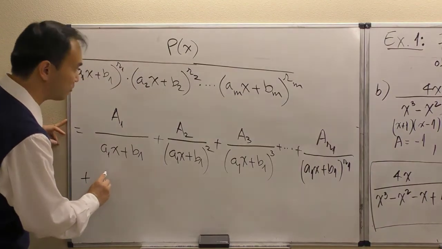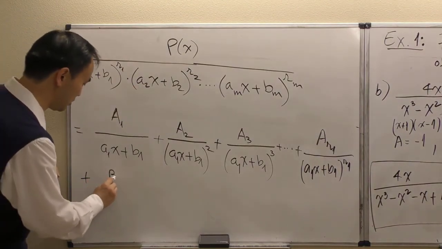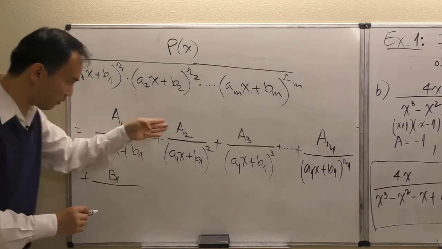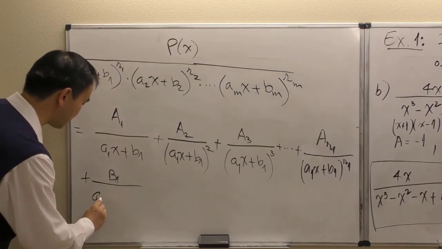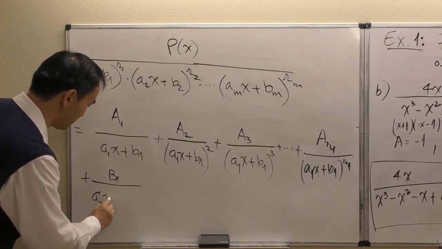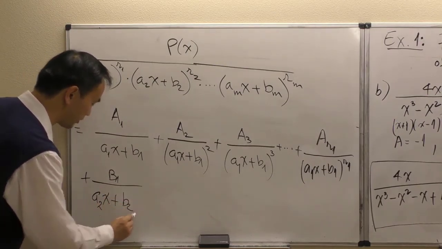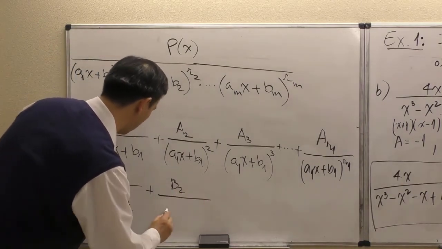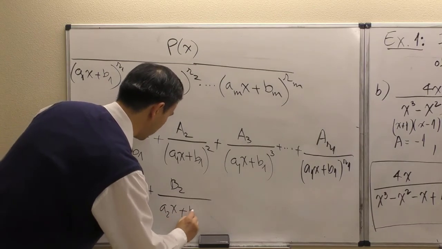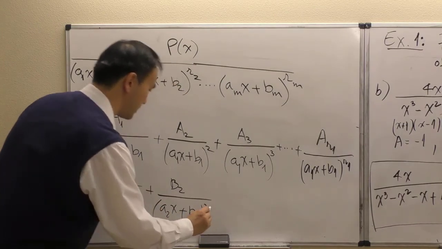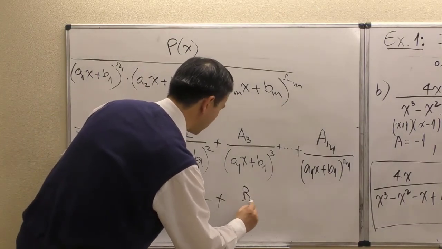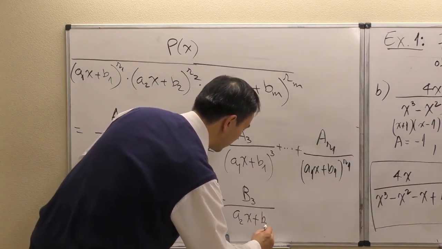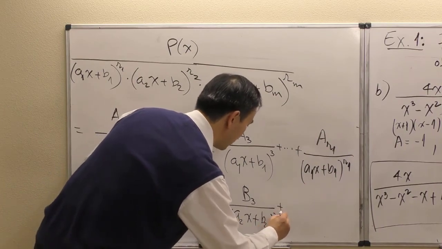Then we're moving on to the next distinct one. So B1 over a2x plus b2, and it has to be a different class of coefficients, but they're all coefficients here. Plus B2 over a2x plus b2, but squared, plus B3 over a2x plus b2 cubed, and so on and so on.